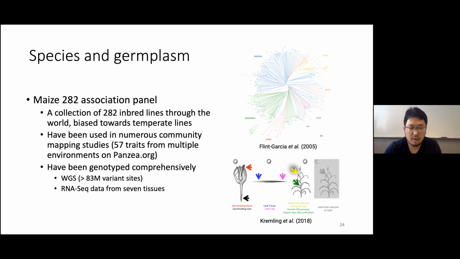There's also RNA-seq data from 7 tissues for this panel. So unless you want to generate the markers yourself, or do RNA-seq or other types of sequencing yourself, you would probably want to start with this Maize282 association panel compared to other panels with fewer markers or other types of data available. This is something to consider when you choose your panel for the species you're working with.